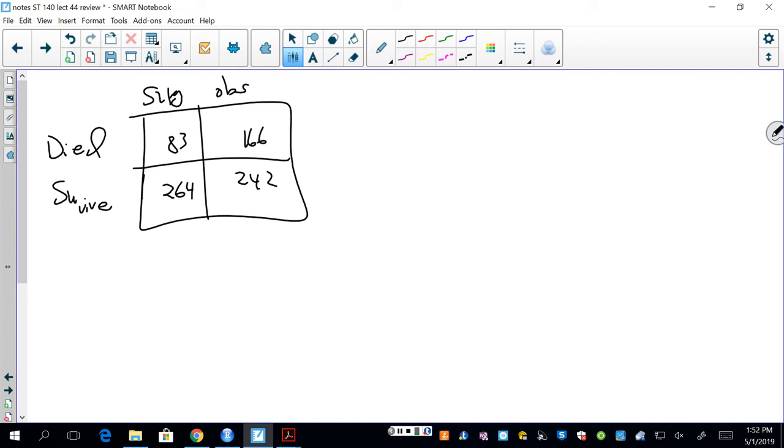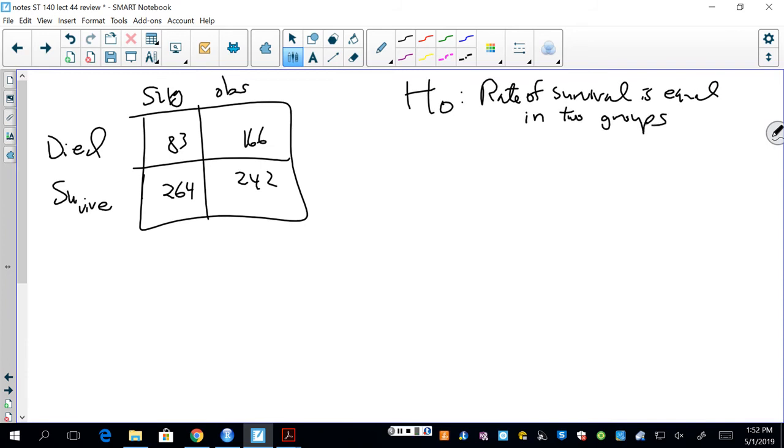So if we have a null hypothesis, it can be stated as the rate of survival is equal in the two groups. The alternative is different rates.